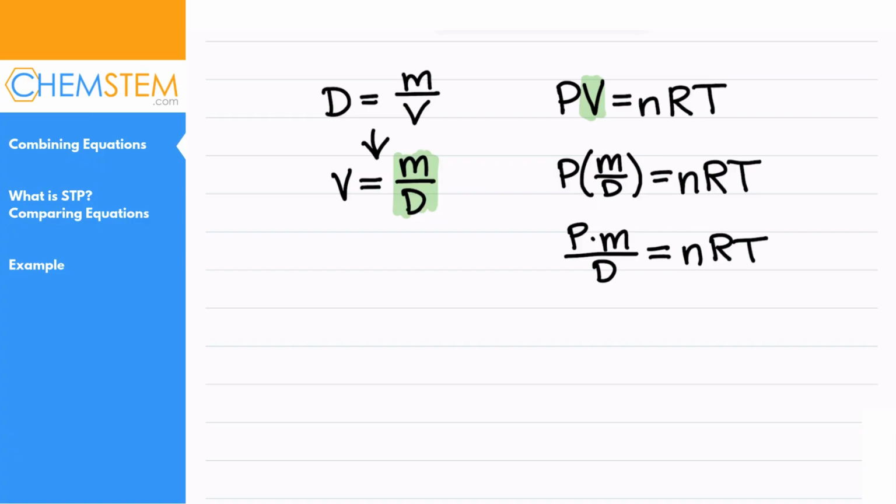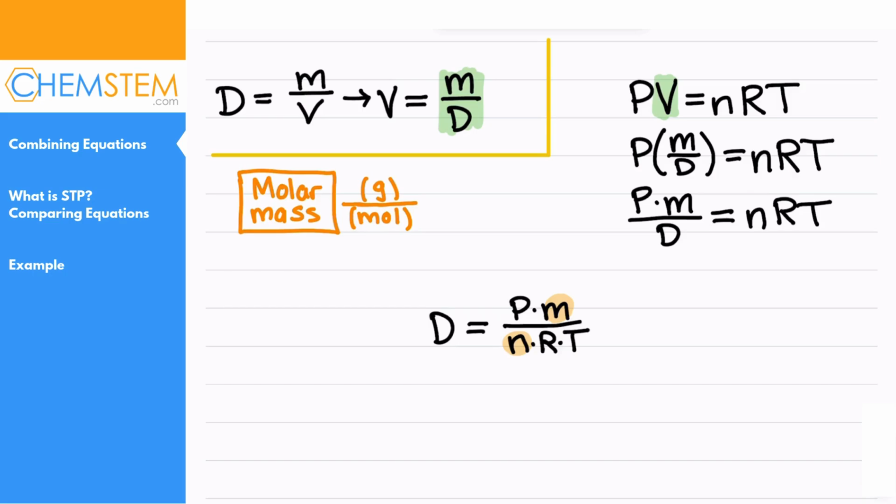I'm going to take this equation and rearrange it to solve just for density. D is equal to P times m divided by n times R times T. And it does help for us to recognize something else. We have an m over an n. If we think back to what we know about molar mass, we know that molar mass is grams over moles. So what variable is used to represent mass? That would be m.